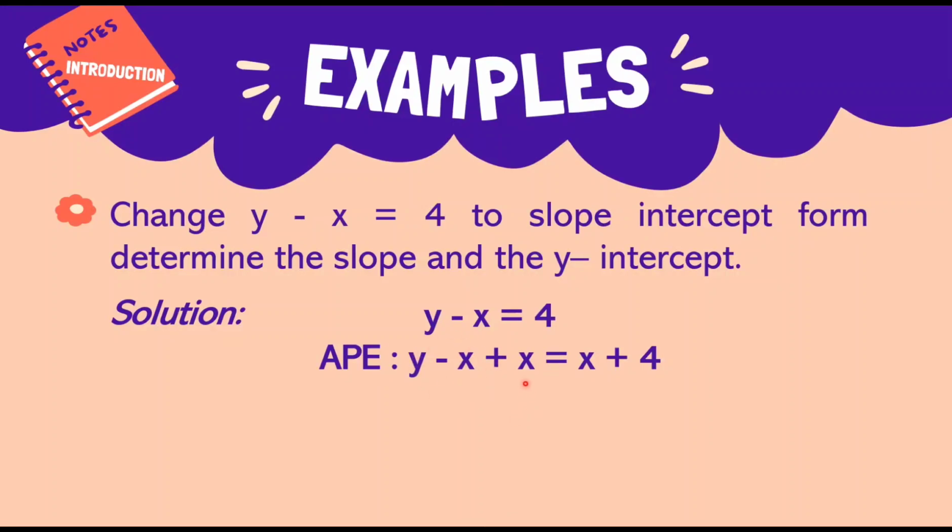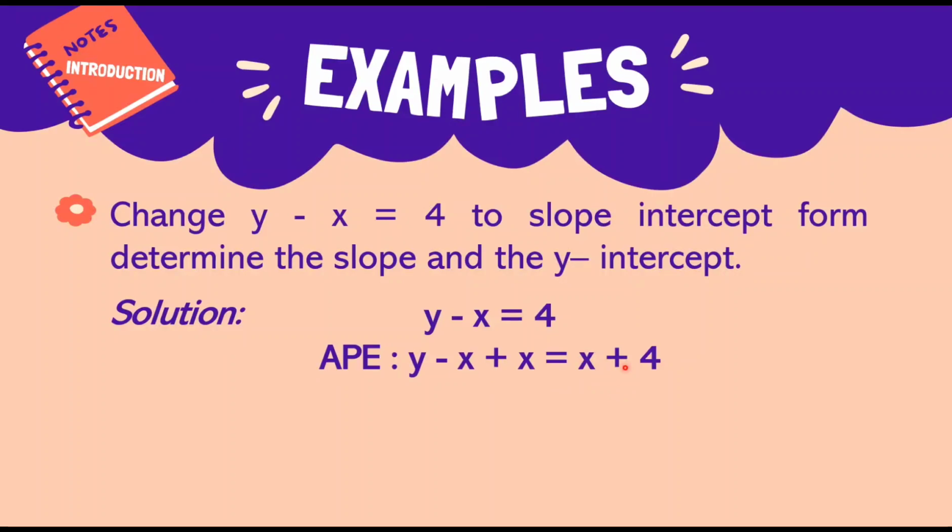Kasi 'di ba, we have y is equal to mx plus b. So therefore, sa left side ng ating equation, dapat ang ating remaining variable lang ay y. Since we added x to both sides of the equation, it does not affect the equality of the equation kasi parehas naman natin silang dinagdagan ng x.